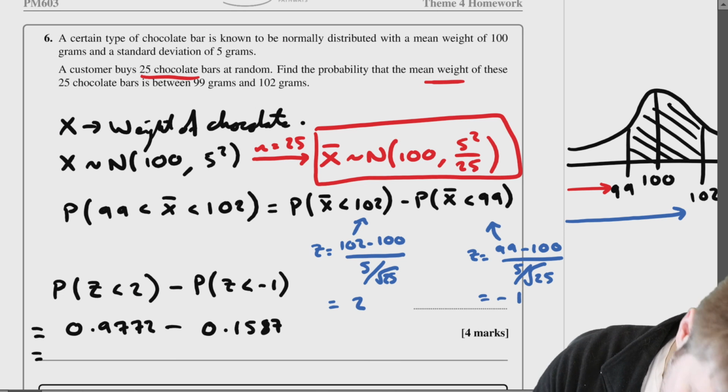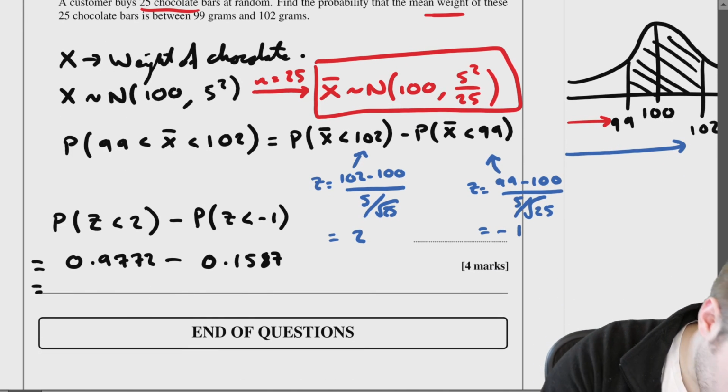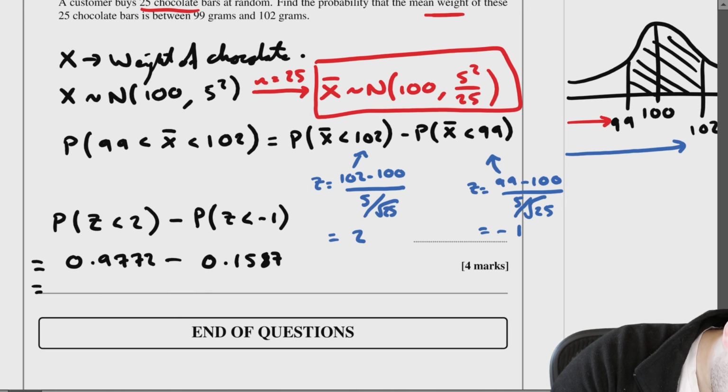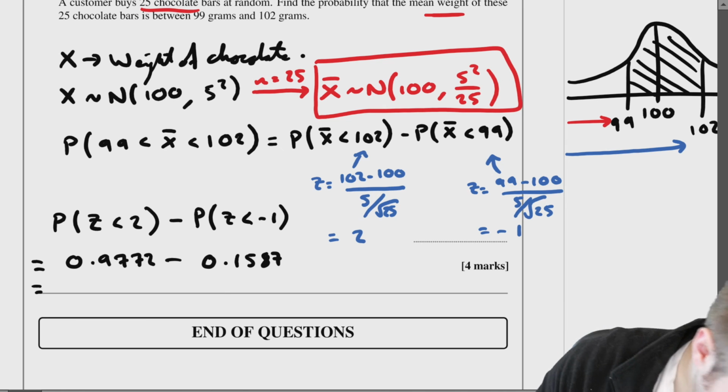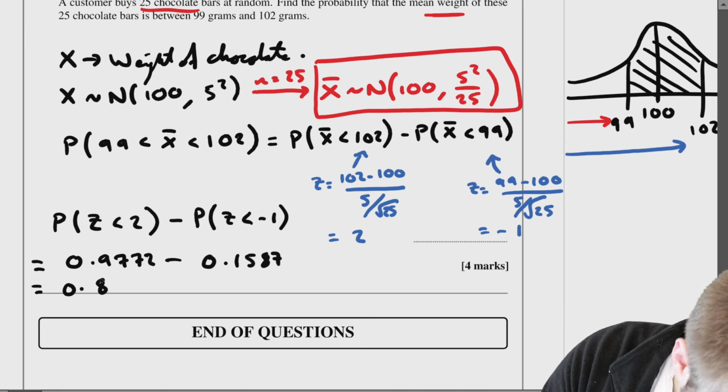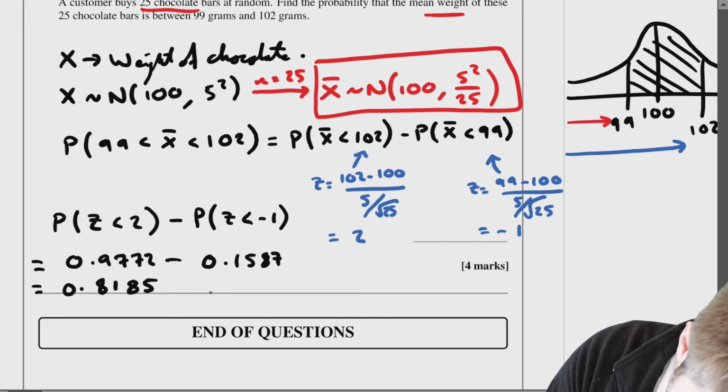If I subtract those two things from each other, 0.9772 take away 0.1587, that should give me 0.8185. If you want to leave that as a percentage, that's 81.85%.